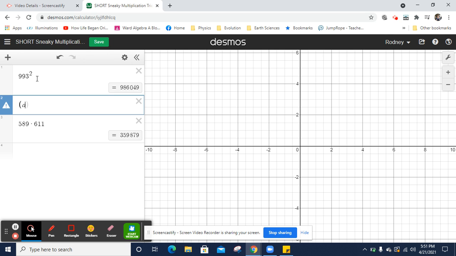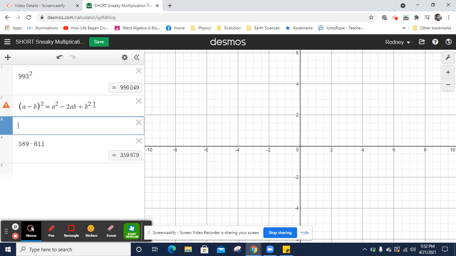In this case, I'll probably end up using a minus b. So a minus b squared is going to equal a squared minus 2ab plus b squared. The reason I'm probably going to use the minus one is I would rather subtract 7 from 1,000 than add 93 to 900.